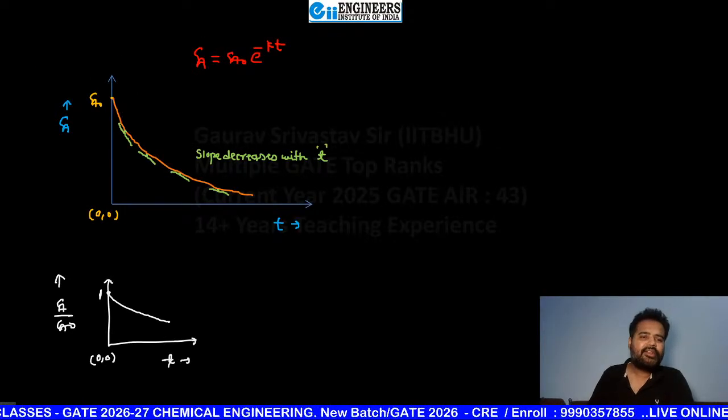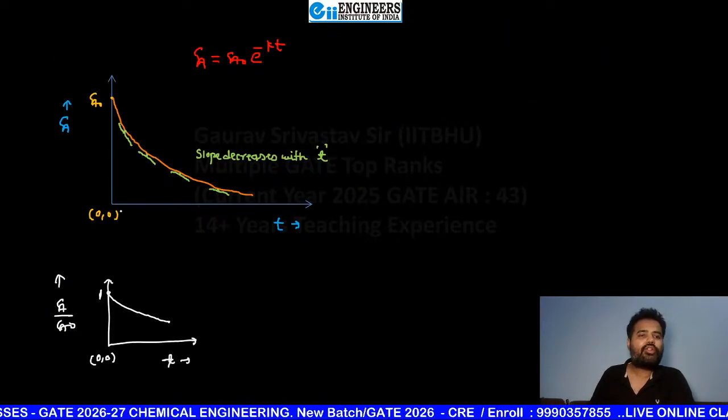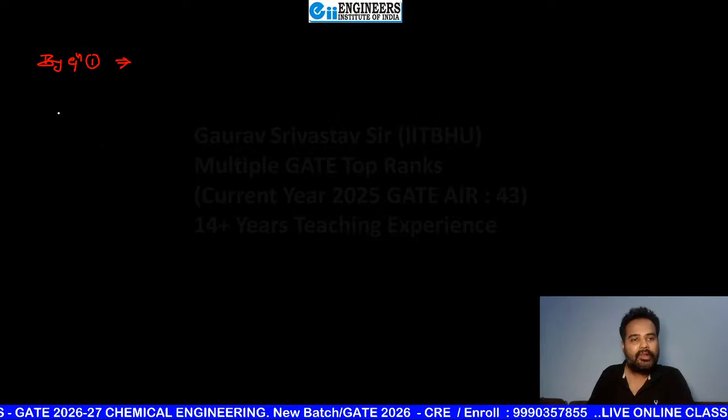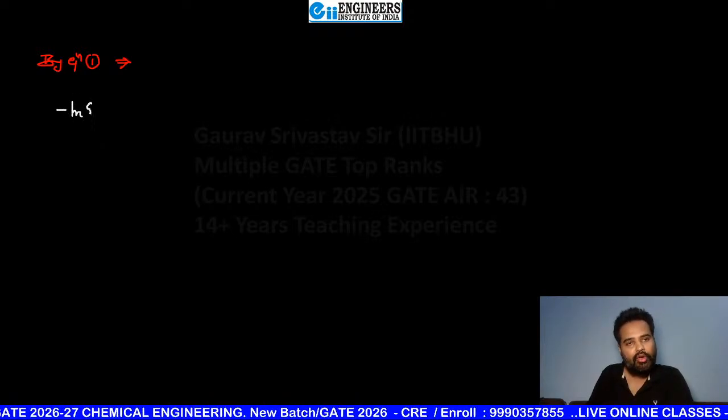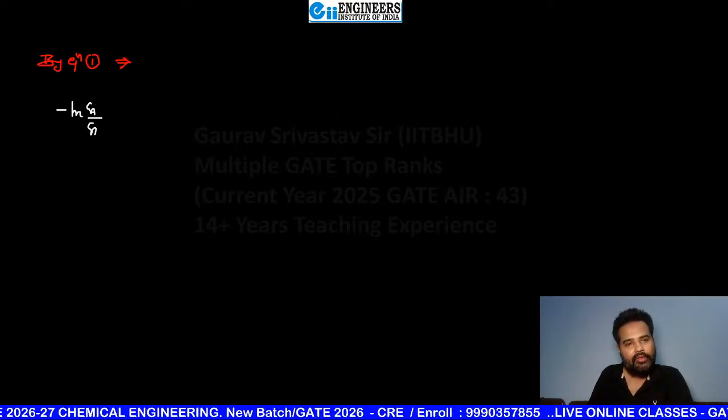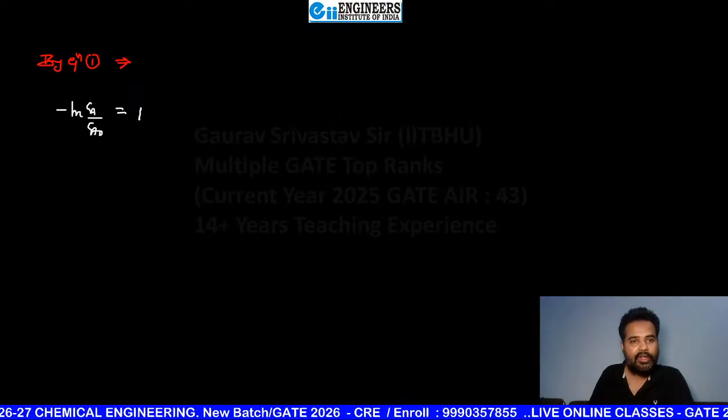Very very easy. So the equation was minus ln of CA by CA naught, and that becomes equal to beta KT.